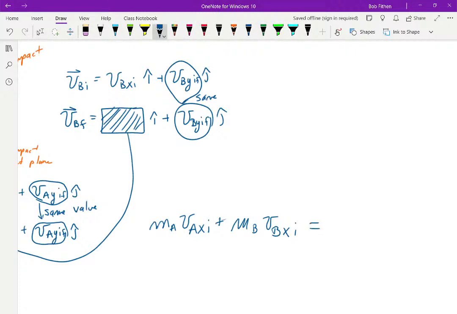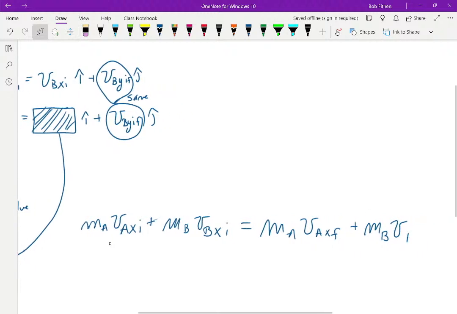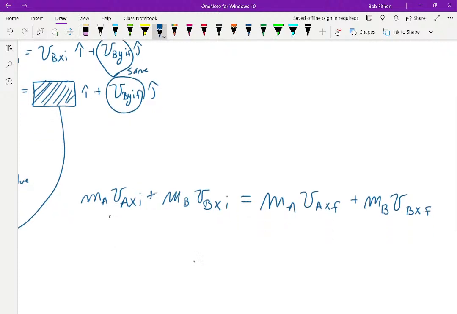I can say equal. Okay, I'm just going to write MA, VAX final plus MB, VBX final. And then what I've got is my coefficient of restitution, the final velocity.